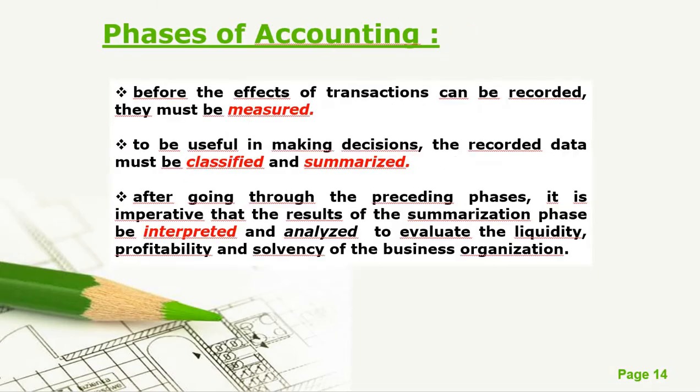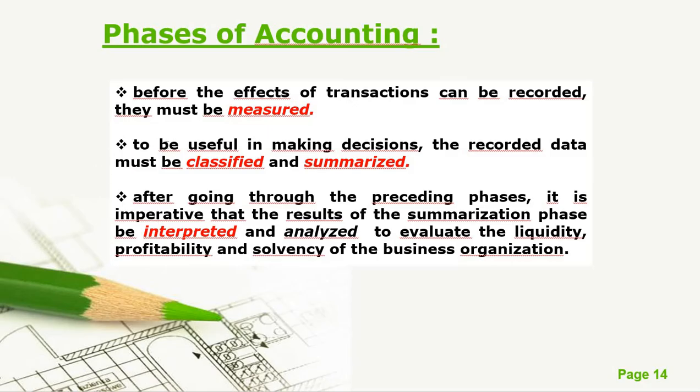So what are the phases of accounting? So first is what we call measurement. So before the effects of transactions can be recorded, they must be measured. So when you say measured, we assign peso value to the business activity or the business transaction.